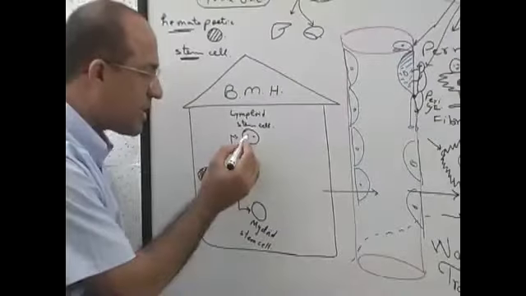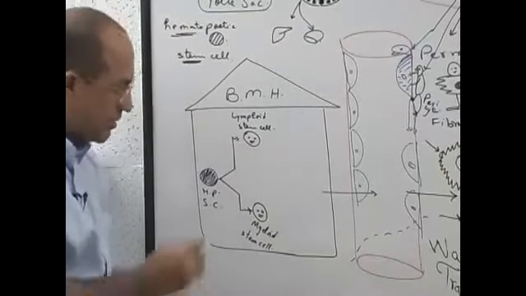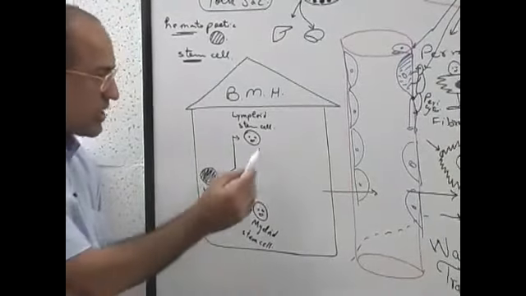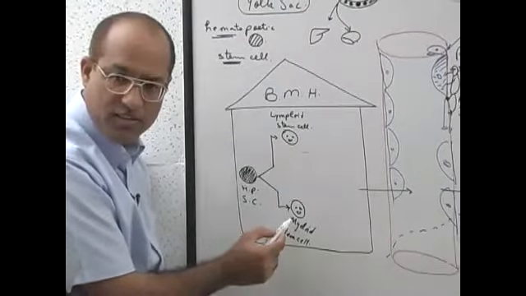There is lymphoid stem cell and there is myeloid stem cell. It means this stem cell can also maintain its population. This stem cell can also maintain its population.